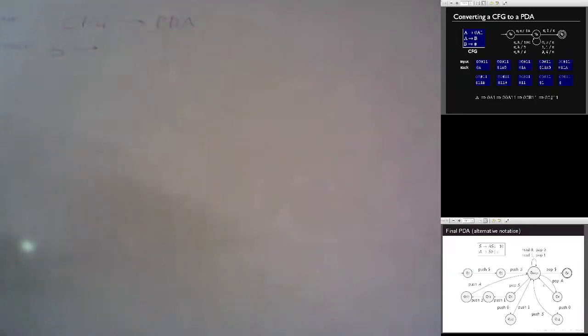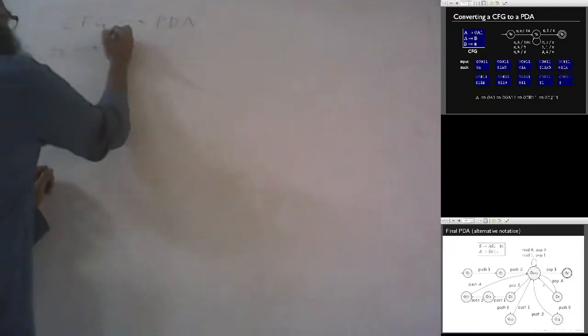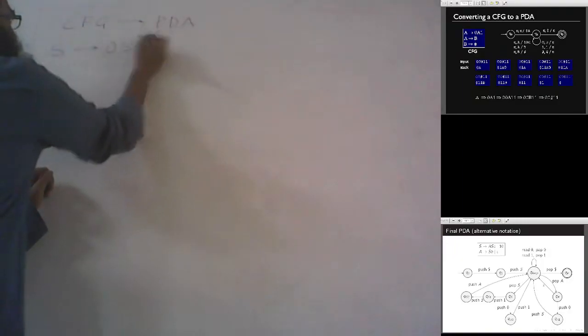I like the brackets. Actually, yeah, let's do the brackets. Alright, is there a good binary example? This is one example we can do. It only has two rules, but it's pretty straightforward. It's 0S1, or epsilon.